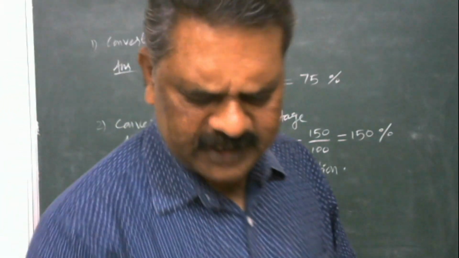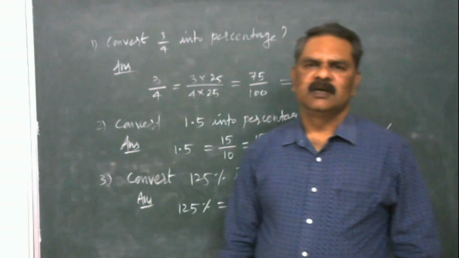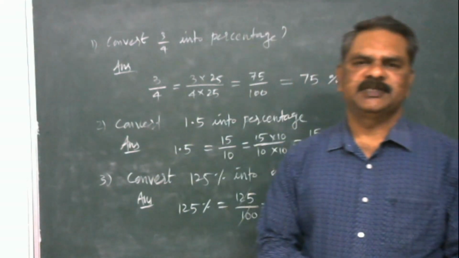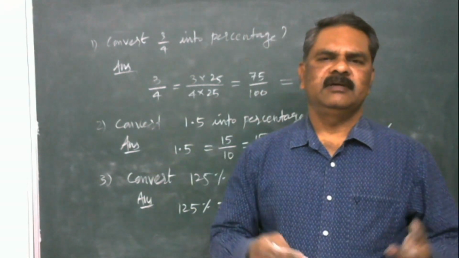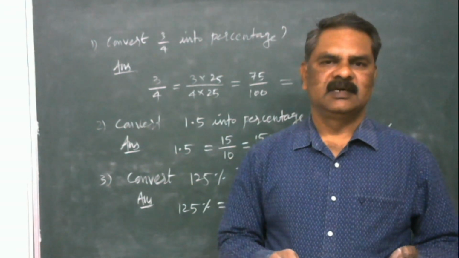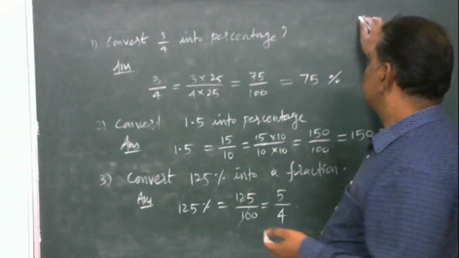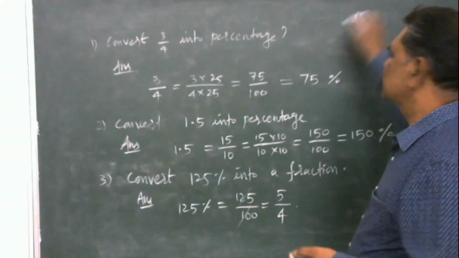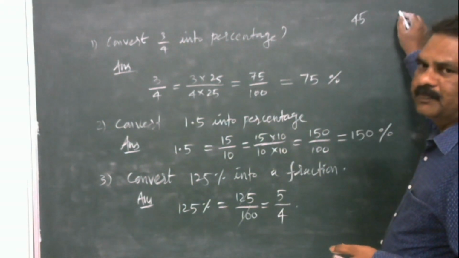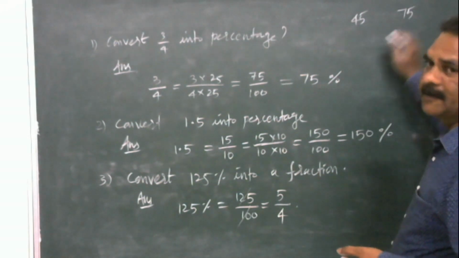So percentage is a very important concept. Generally we use it for comparison. In schools you will be getting marks in terms of percentage. Maybe different schools will conduct examinations with different total marks. Maybe there may be a student who scores 45 marks out of 50. In another school, there may be a student who scores 75 marks out of 100.